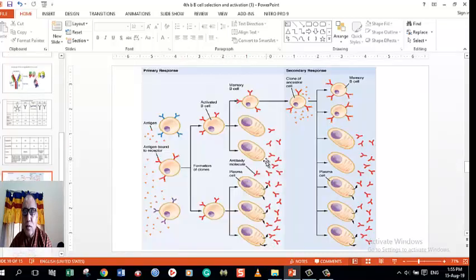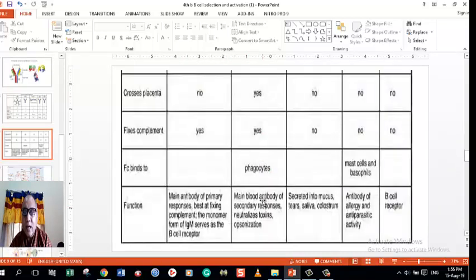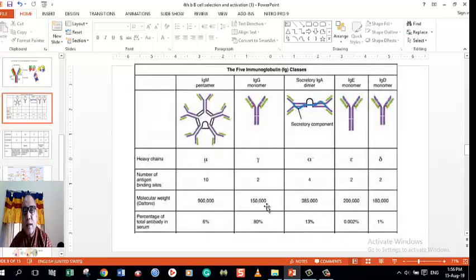When there is a second encounter, the plasma cells will subsequently produce the antibody IgG. So this is for the primary encounter, and this is for the secondary encounter. When the same pathogen attacks a second time, this will be produced, and then it acts against that pathogen.